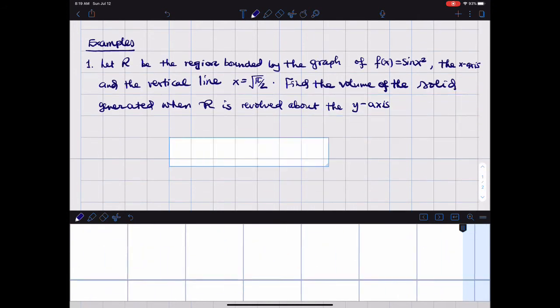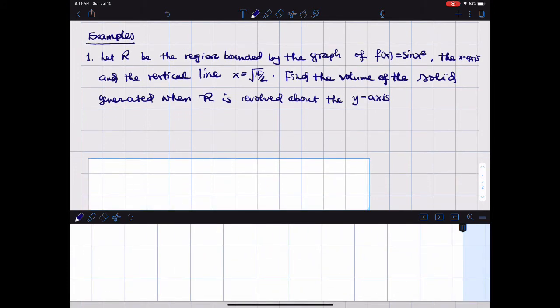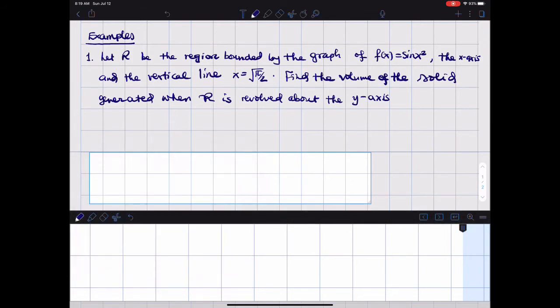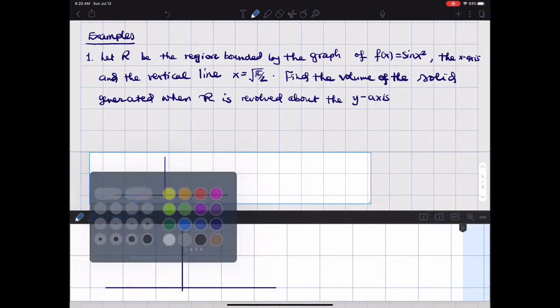Okay, now we're going to sketch our function and we're going to get our solid and everything is going to be good. If you sketch the function y equals sine x squared, you end up with something that looks like this.